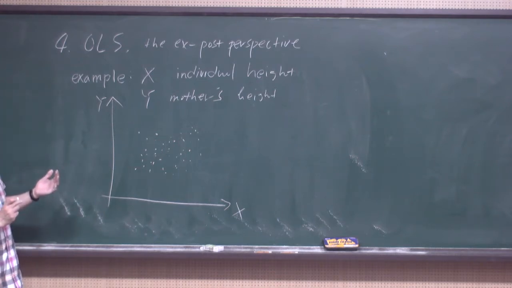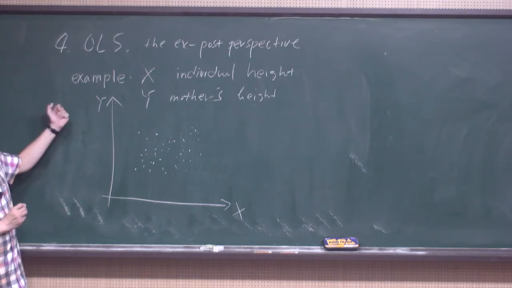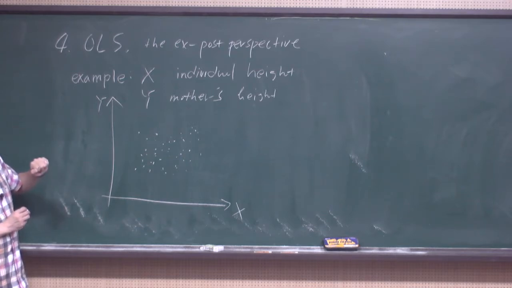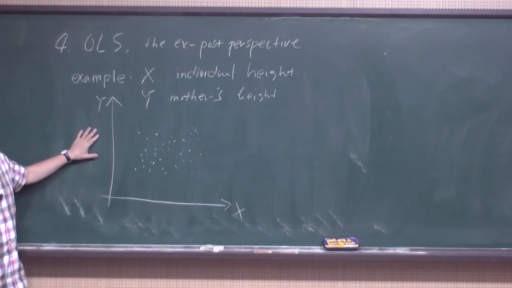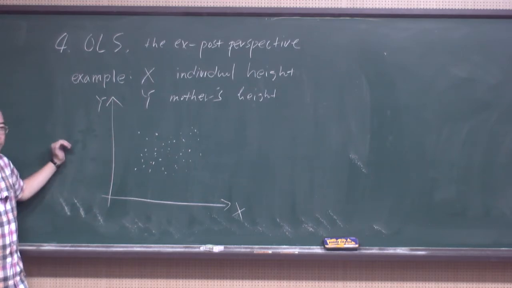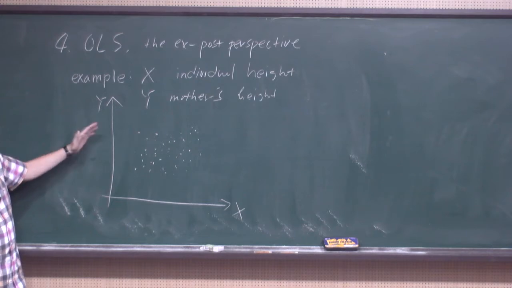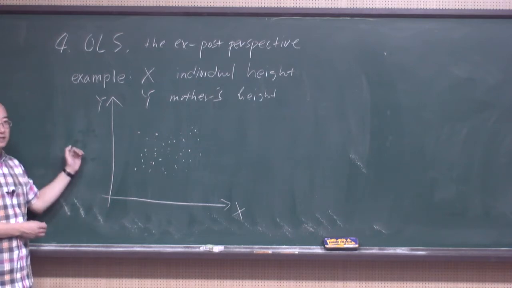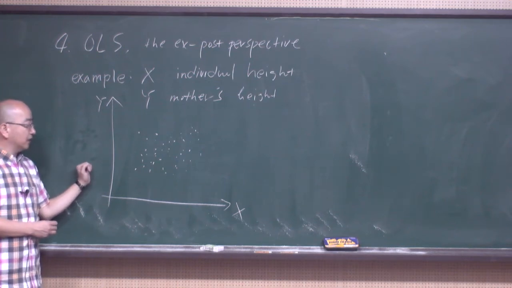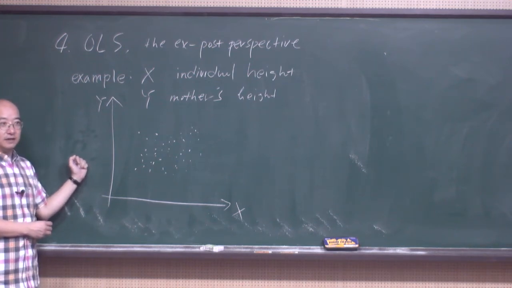If you are interested in whether X and Y are strongly related, then you can just look at the graph and say perhaps there is a strong relationship between X and Y, and perhaps there is no relationship between X and Y. So to some extent, drawing a scatter plot is enough as a data summary exercise.